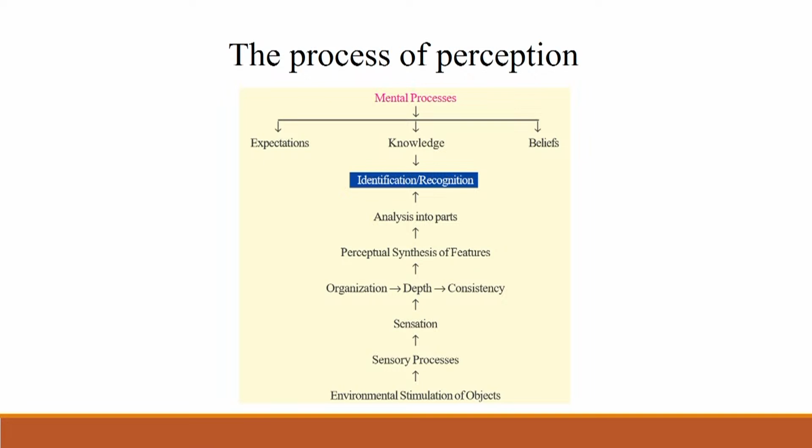Then we say organization; these we will be covering in the coming slides. These two steps, that is perceptual synthesis and organization, we will be covering in the coming slides. So these two steps happen, then we analyze into parts, and then we come to a conclusion with the help of our expectations, our knowledge and our beliefs.